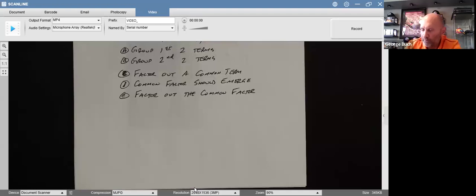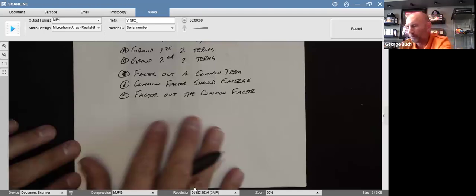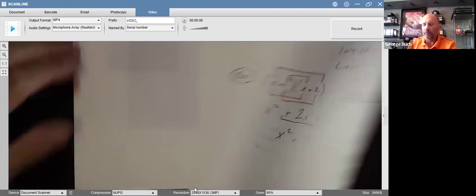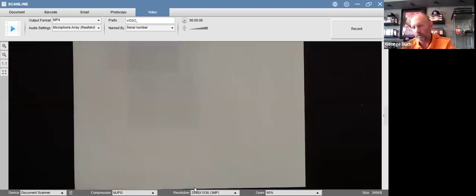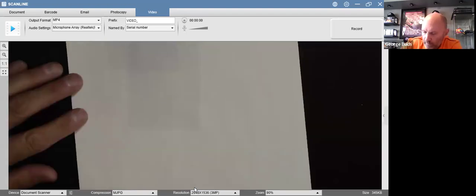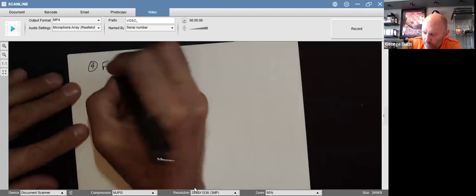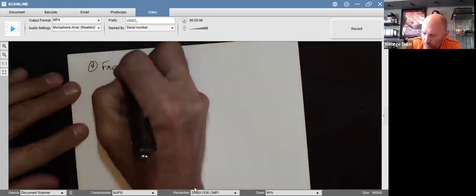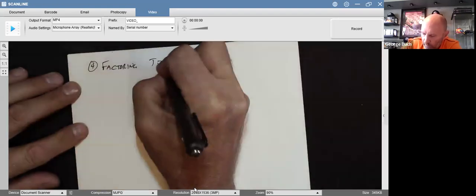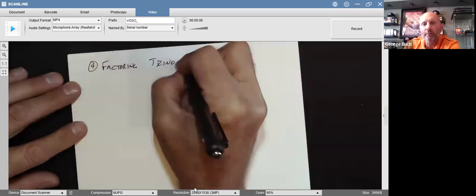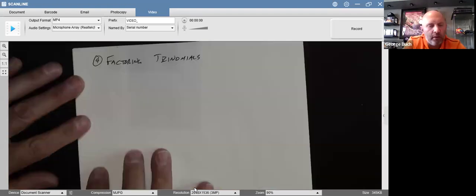And then the other type of factoring that we have, yeah, let me switch pages. And this you will be doing most of the time is factoring trinomials. So let me just stop here for a second.